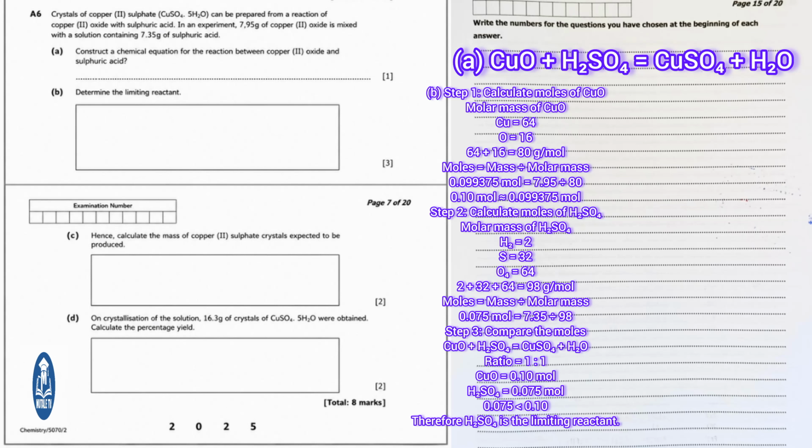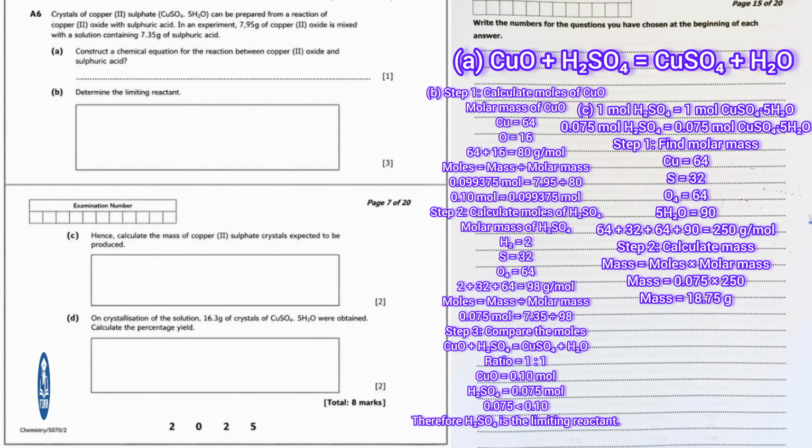Part C says, hence, calculate the mass of copper 2 sulfate crystals expected to be produced. Since sulfuric acid is the limiting reactant, we use its moles for the calculation. We have 0.075 moles of H2SO4, and from the equation, 1 mole of H2SO4 produces 1 mole of CuSO4.5H2O.